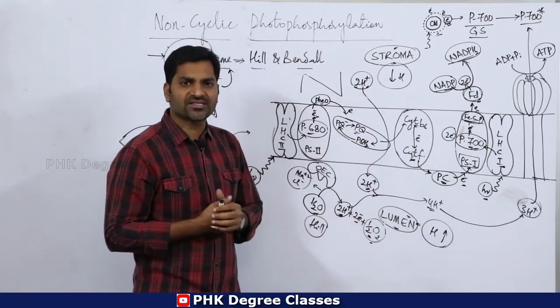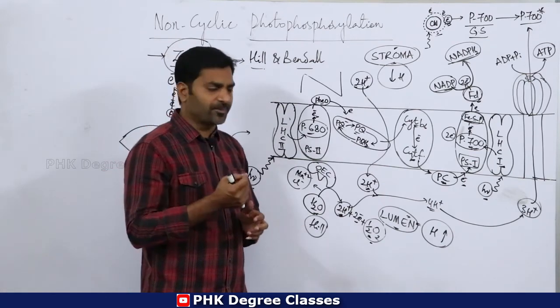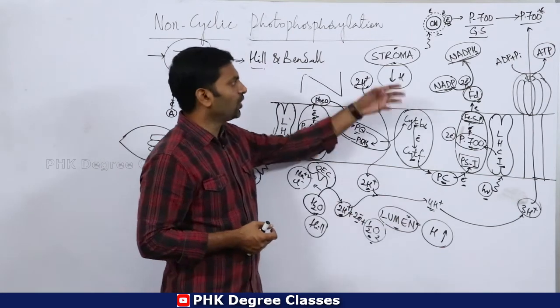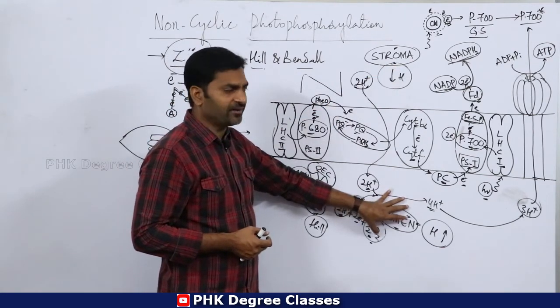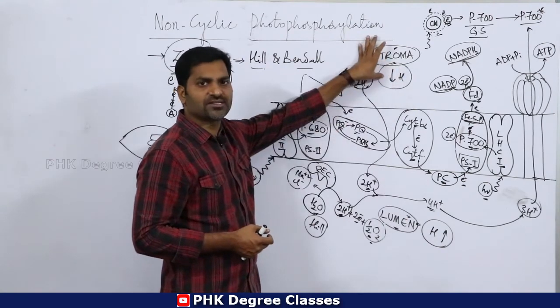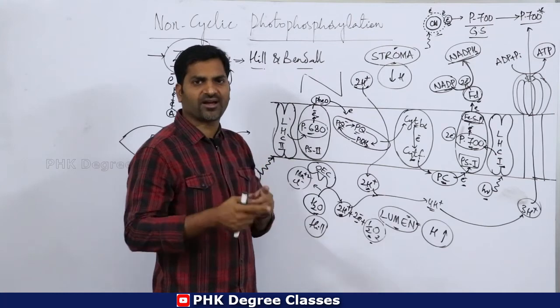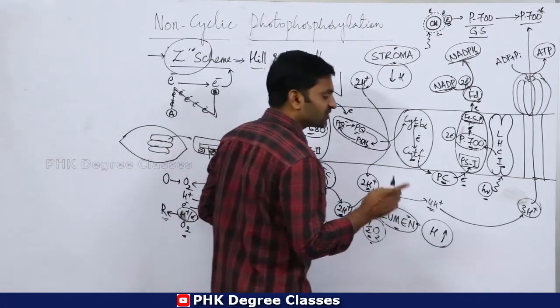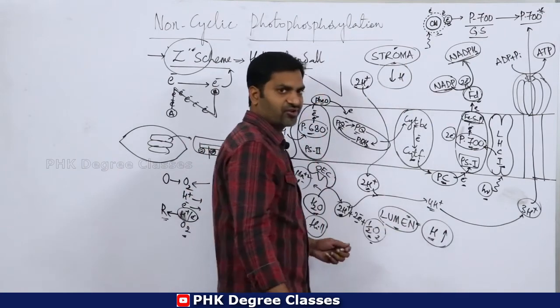So what happens after some time? Protons move from higher concentration to lower concentration. More concentration is with the lumen, less concentration is with the stroma. According to Peter Mitchell's chemiosmotic hypothesis, protons generally move from higher to lower concentration.